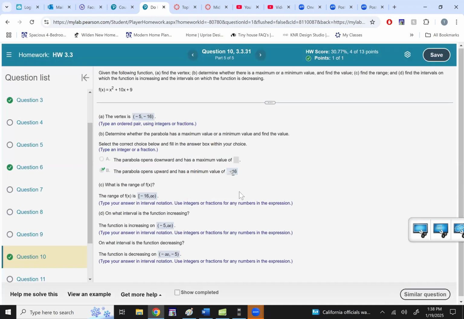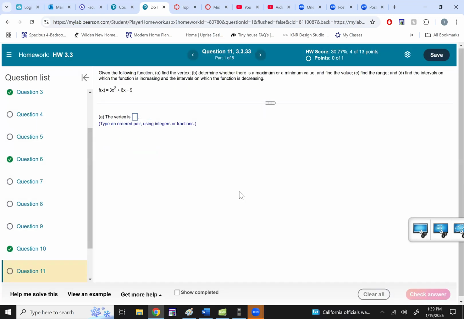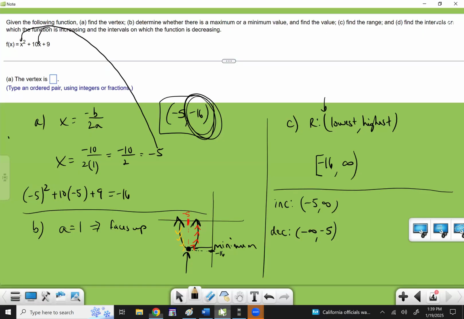Okay. And it looks like that was it for number 10. So it all comes down to the vertex. You'll notice everything that we used included the vertex. The minimum is the y value. The number that we used to change from increasing to decreasing was the x value of the vertex. So that vertex gives us so much information: axis of symmetry, maximums and minimums, the range even.